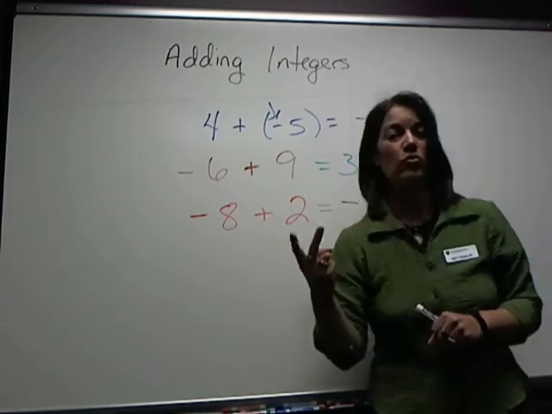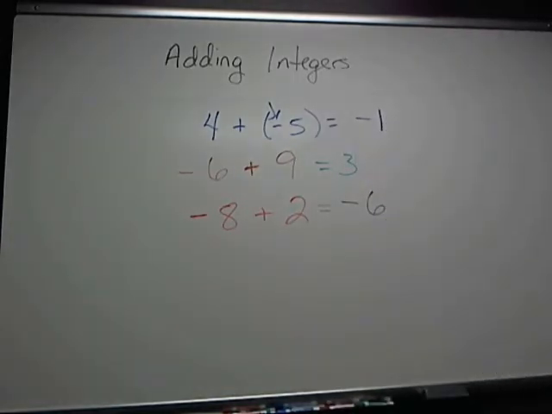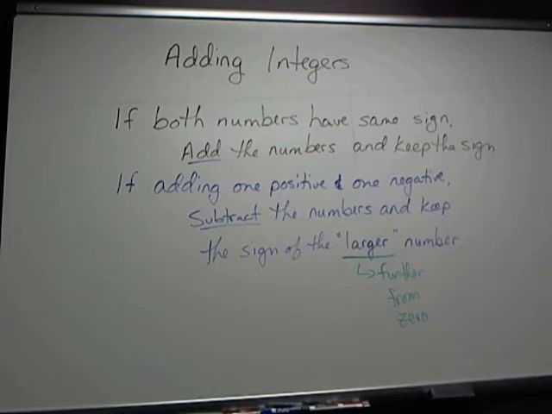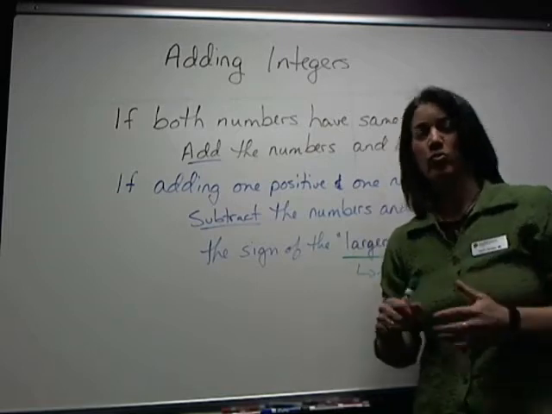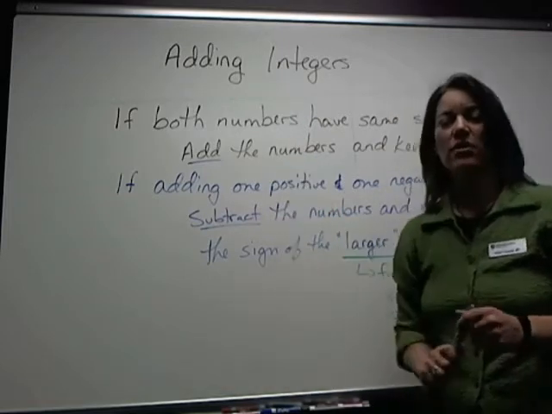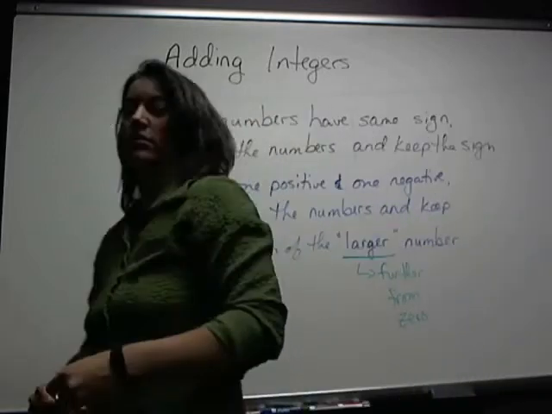So we have two rules for adding. Let me put them on the board. So when adding integers or any other real number, if both numbers have the same sign, you add the numbers and keep the sign.